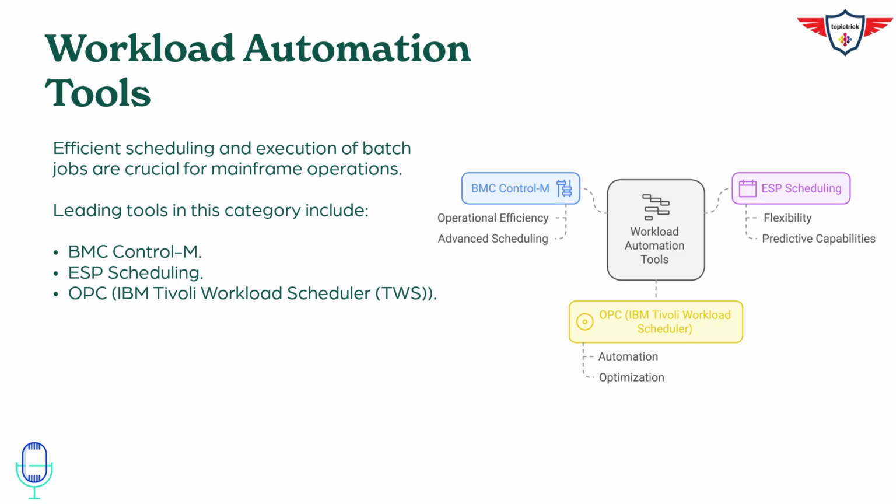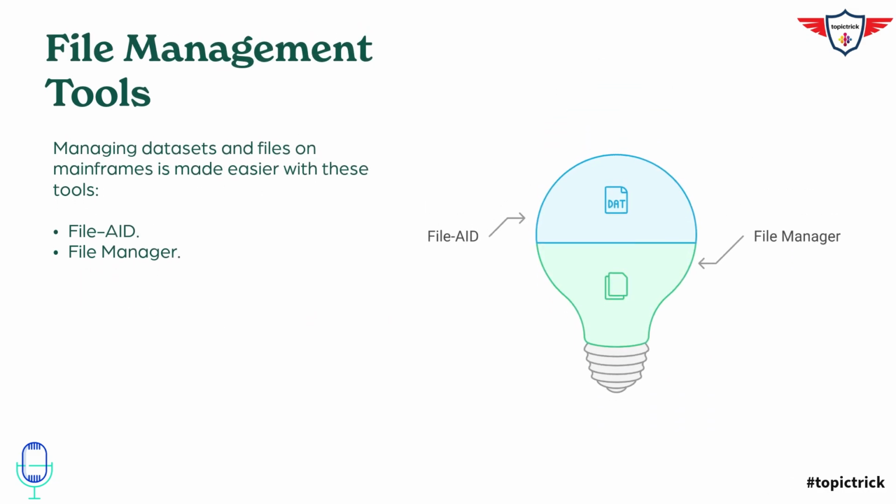Now, let's move on to something that might seem a bit more mundane, but is equally crucial: file management. Mainframes store vast amounts of data in data sets and files. Huge amounts of data. And I can only imagine the challenge of managing it all effectively. Absolutely. Efficient file management is essential on a mainframe.